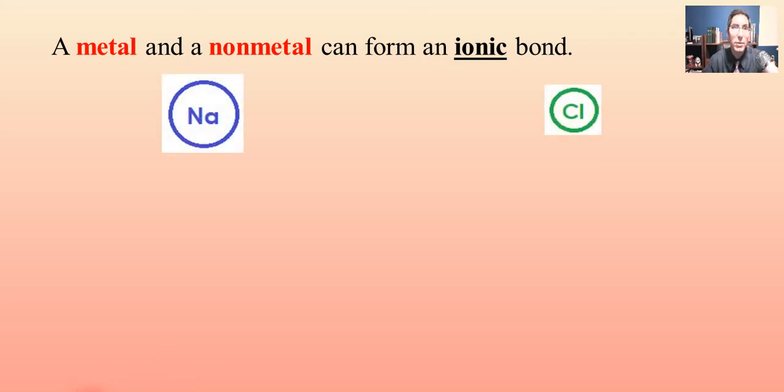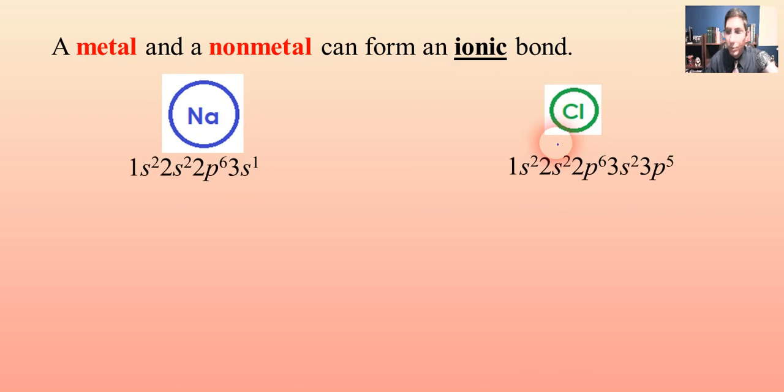So if we were to take these two elements here, sodium and chlorine, well, we know that those two elements have certain electron configurations, as we can see right here. Sodium has one valence electron, as we can see in its electron configuration, and chlorine, based upon this, seems to have 7 valence electrons.